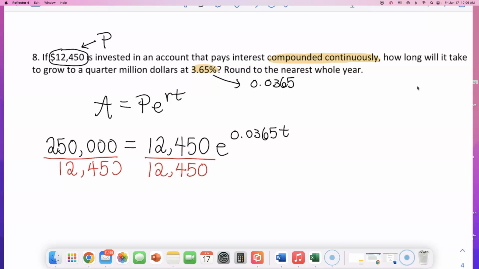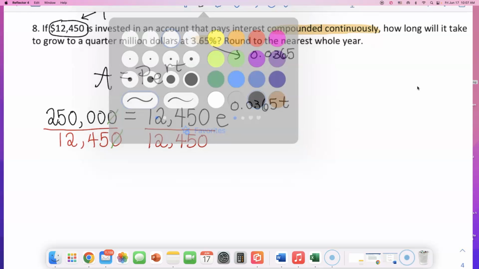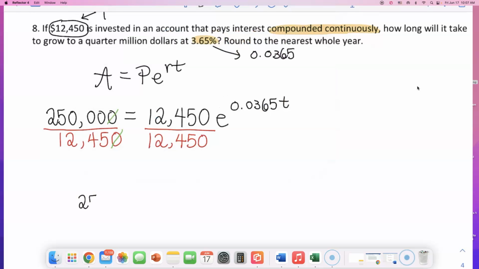It's probably not a good idea to round our answer in the middle of a problem, so I'll just keep that big fraction the same. Maybe I can just take away these zeros, like divide top and bottom by 10. And I'll say the fraction is 25000 over 1245.